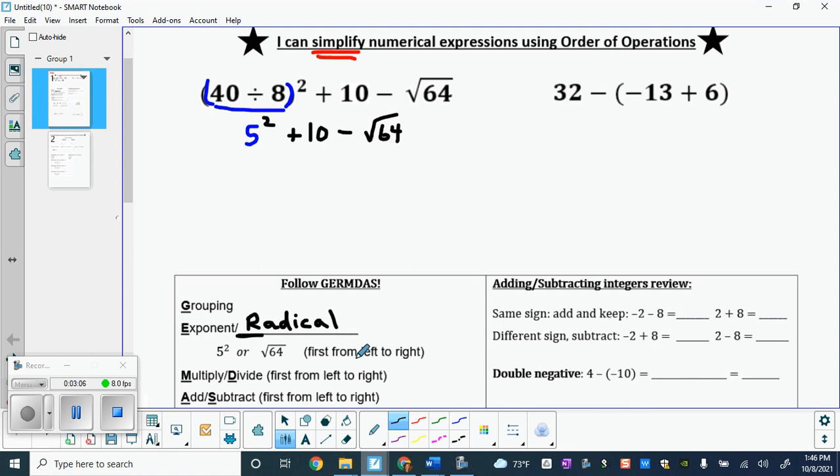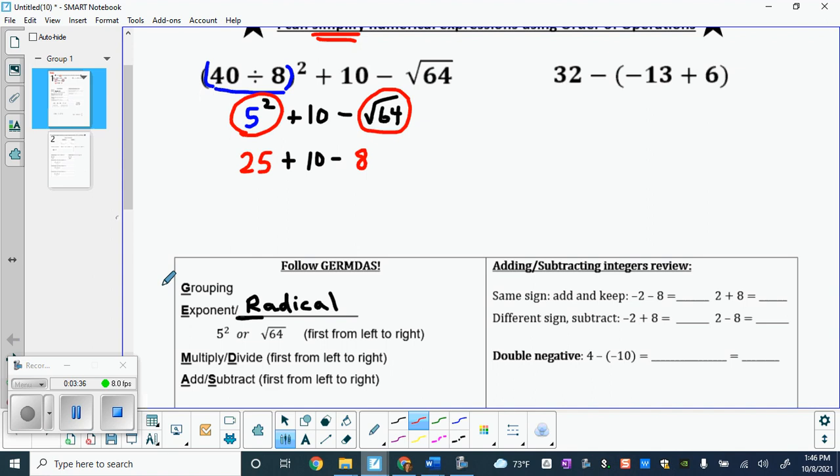Now you can actually handle these in the same step, or you could do them in 2 separate steps. You just want to go first from left to right. So for example, from left to right, I see that 5 squared here is a 25. Then I'm just going to leave the plus 10. Now I'm going to write the minus, and I have also here the square root of 64, which I know is an 8. So it is okay if you want to do those in the same step. Just go from left to right.